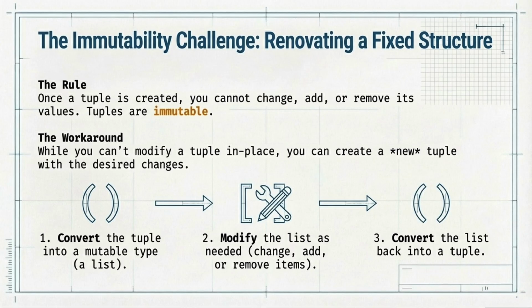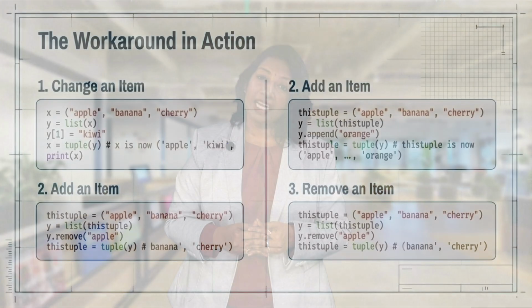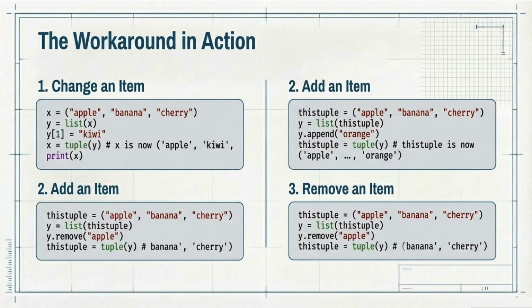Although tuples in Python are immutable and cannot be modified directly, changes can still be made by using a simple workaround that involves converting the tuple into a list, performing the required operation and then converting it back into a tuple. For example, to change an item, consider the tuple x, which has been assigned the values apple, banana and cherry.